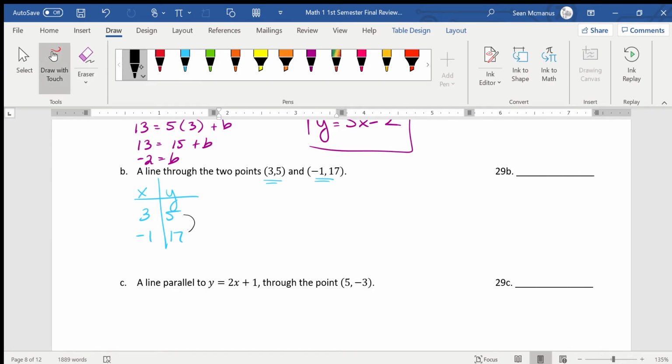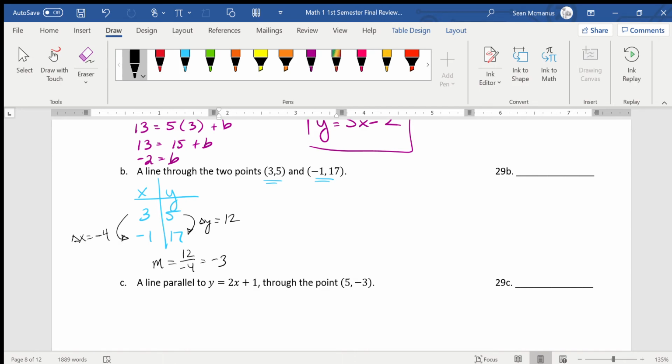So, right, my change in y from 5 to 17 is +12. And my change in x from 3 to -1 goes down 4. That means my slope, right, is 12 over -4 or -3.